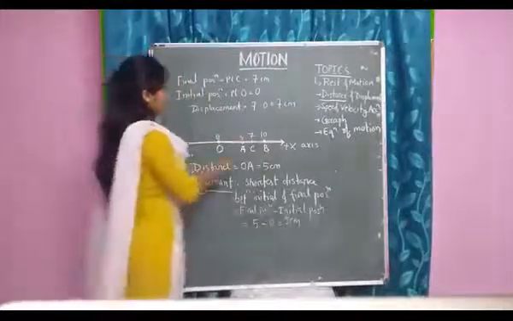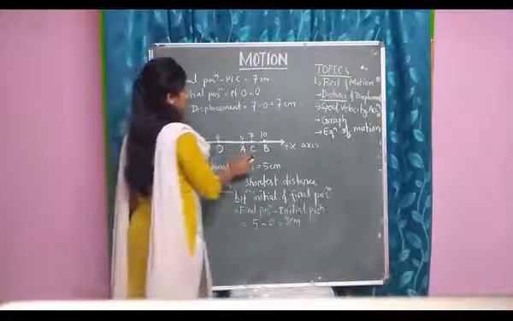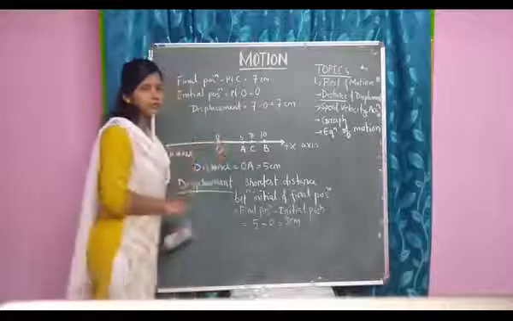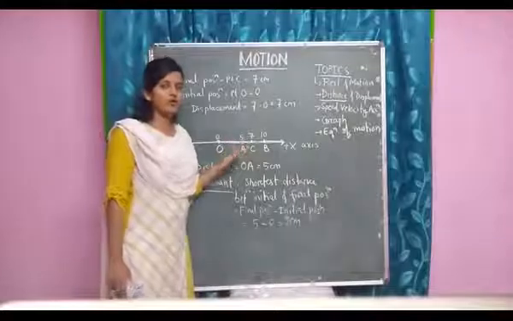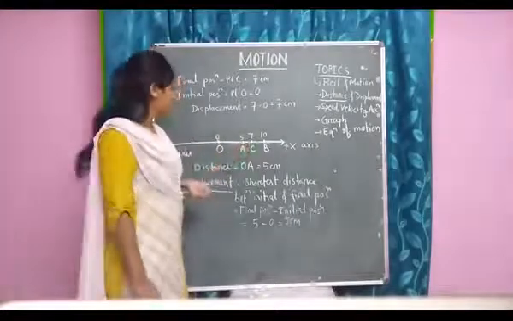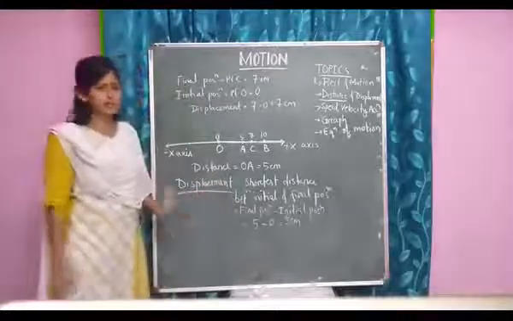Suppose the initial point is A and the final point is C. Then what will be your displacement? Now 7 minus 5, that will be 2 centimeter. Let us now differentiate between distance and displacement.